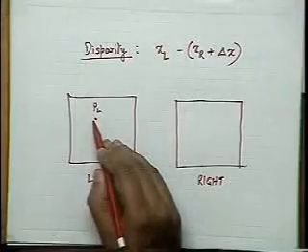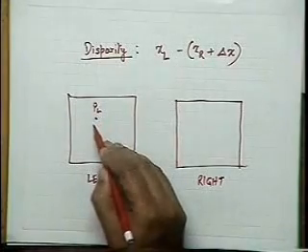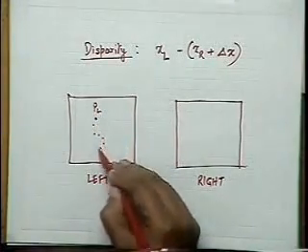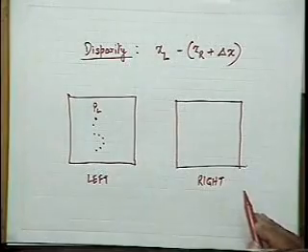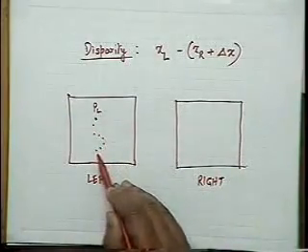But just think about it. If such a search has to be done for every candidate point from the left image, because PL is not the only point that we have in the left image. There may be a lot of other points as well in the left image, and we would like to search for all these points coming from the left image.